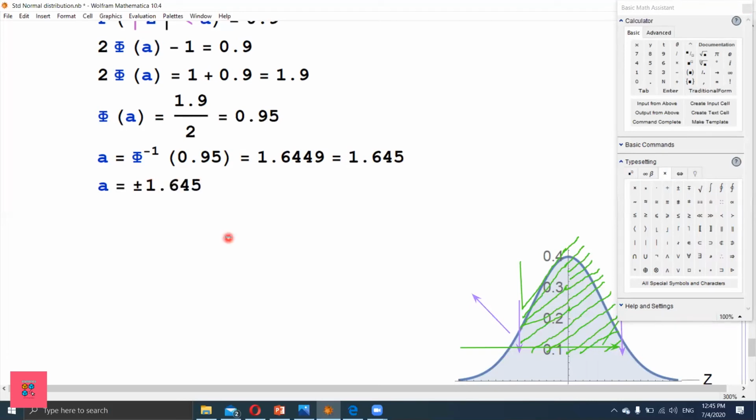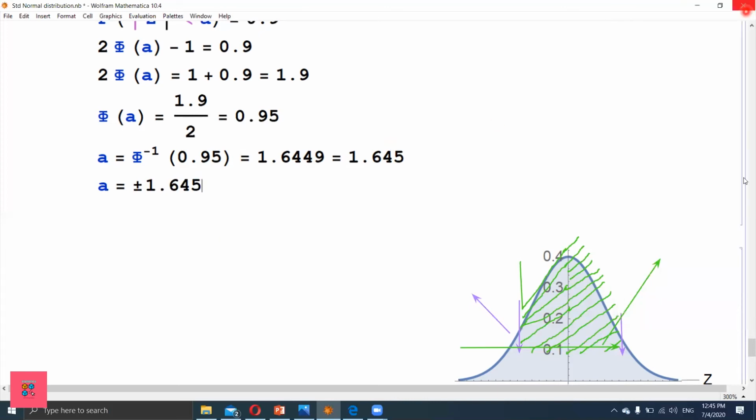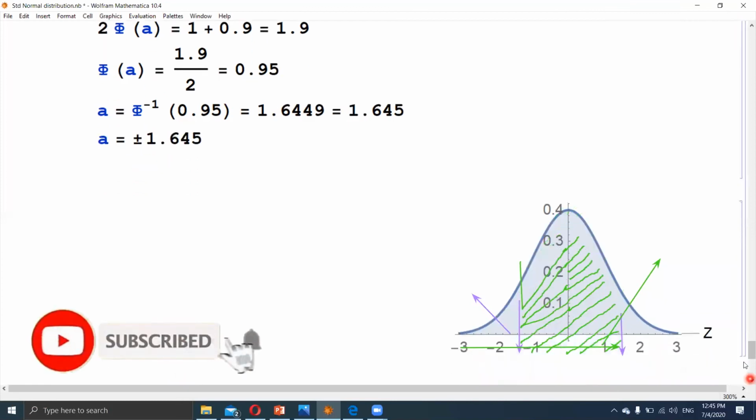Okay, this is our solution for this, this is the figure.